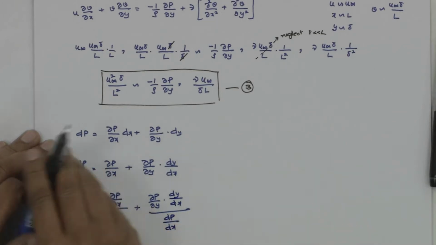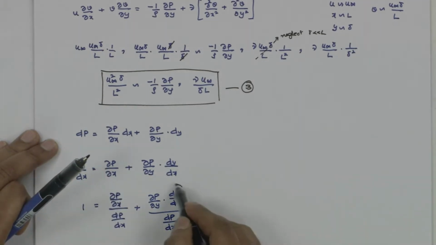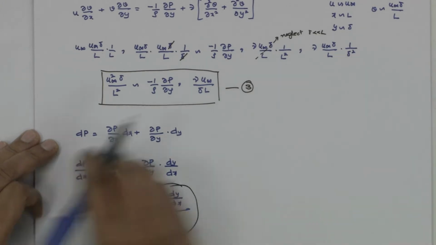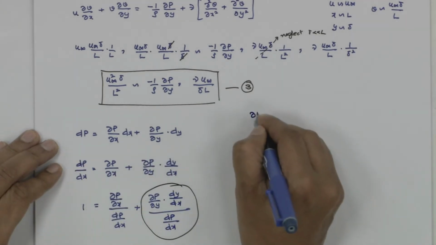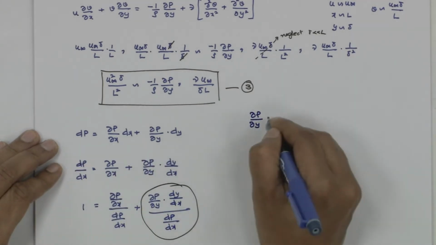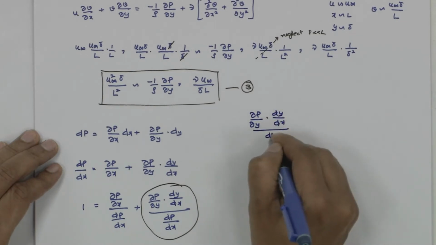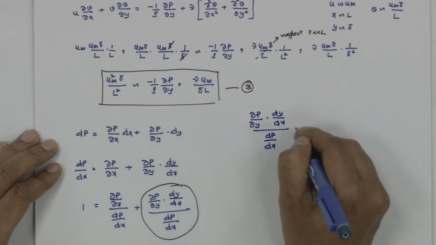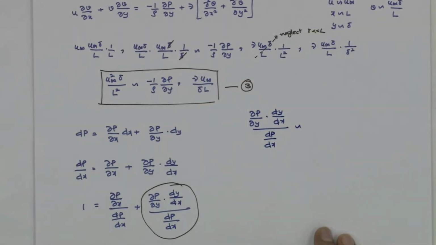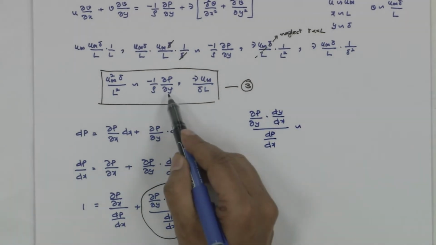Let us take only this term and see what happens to it. That is, del P by del y into dy by dx upon dP by dx is of the order of... Let us see this equation.